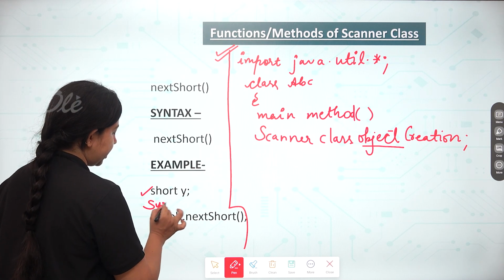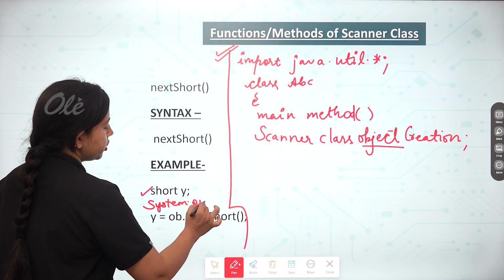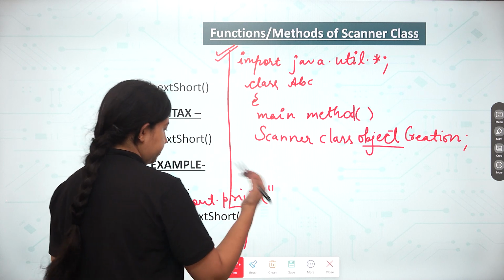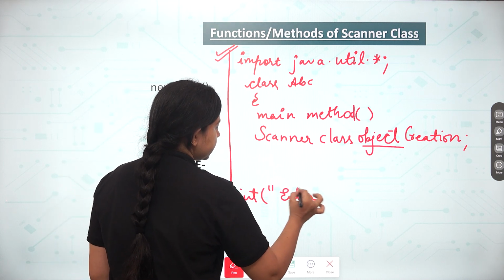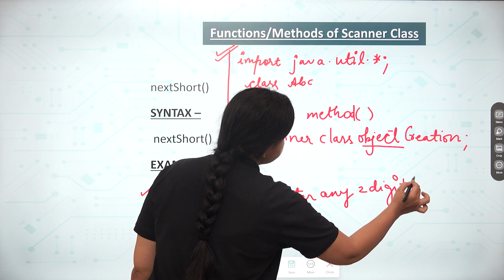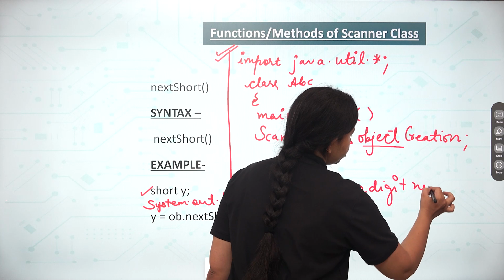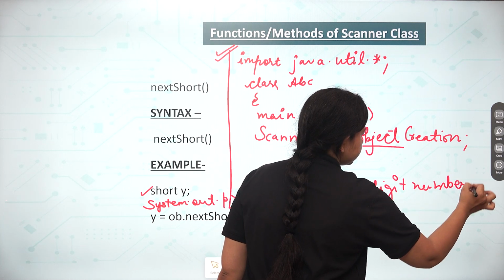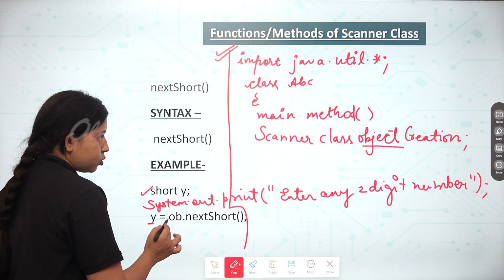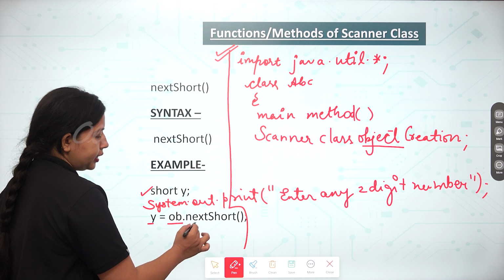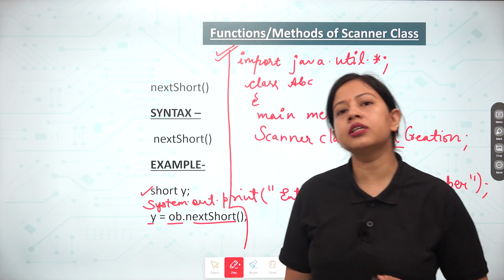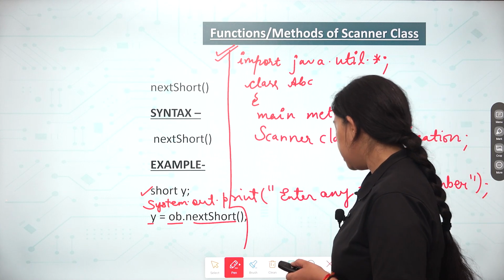Suppose I have written over here System.out.print and I have given a message, enter any 2-digit number. That can be easily stored by the short. Alright. Now this y is going to be stored with ob.nextShort. That is the simple one. And this goes for all the scanner class methods or functions.